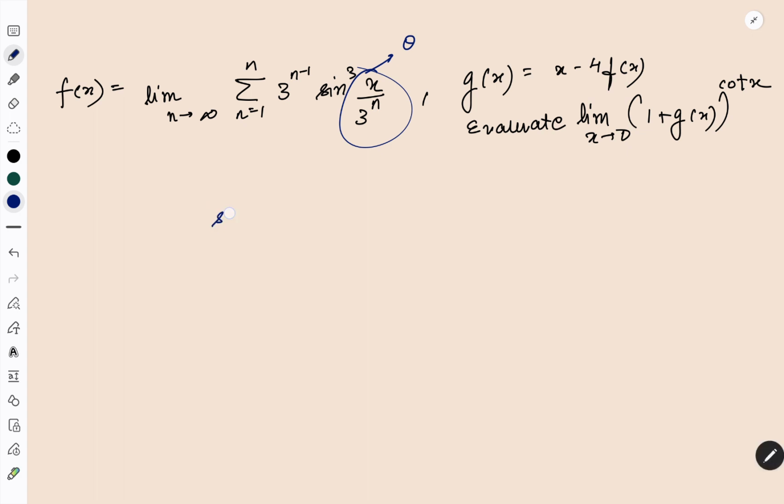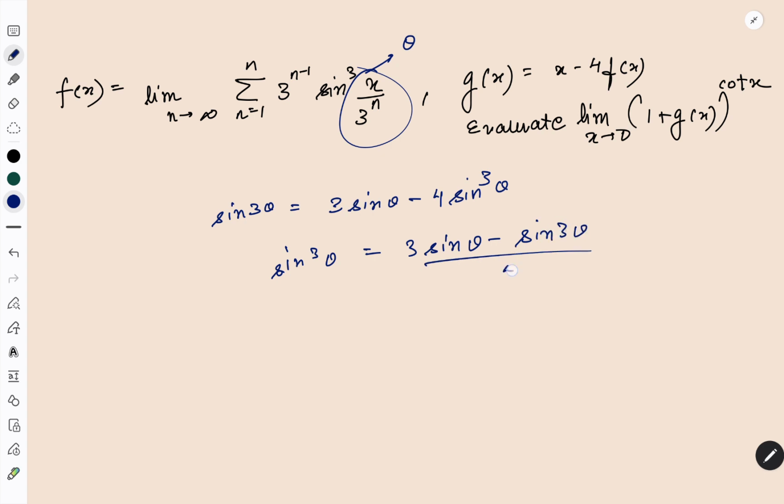We know the formula: sine of 3 theta is equal to 3 sine theta minus 4 sine cube theta. So sine cube theta is equal to (3 sine theta minus sine 3 theta) over 4. I'm gonna use this here. So let's see.